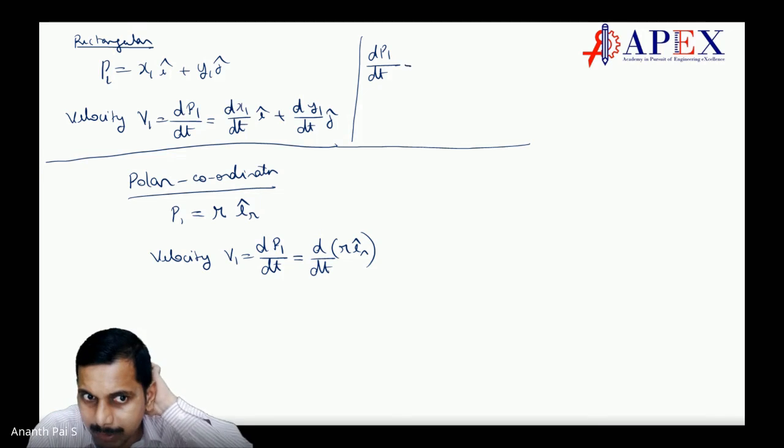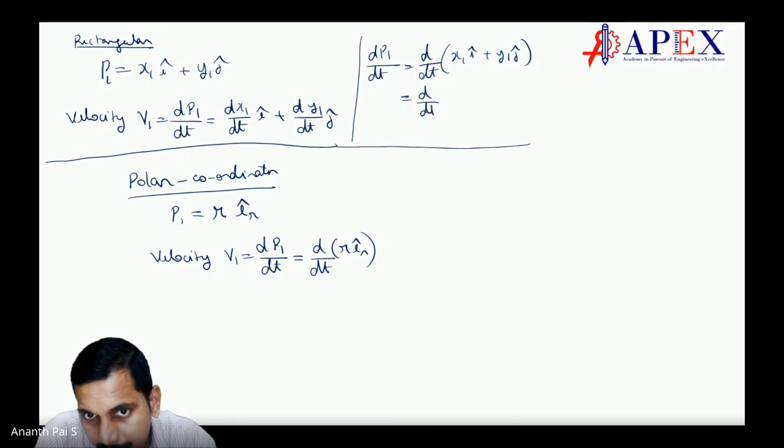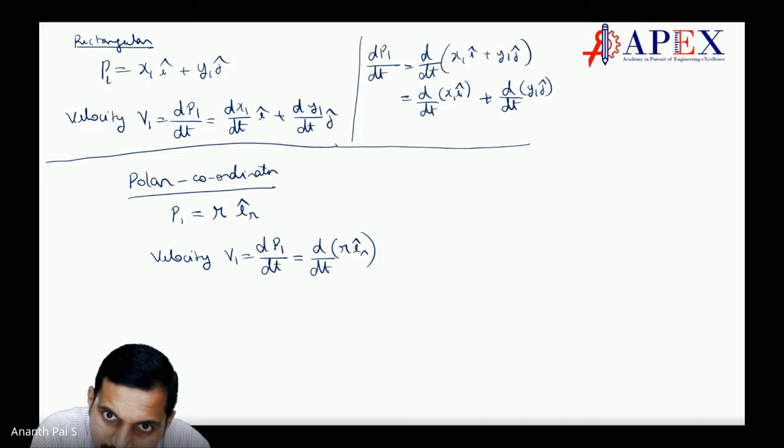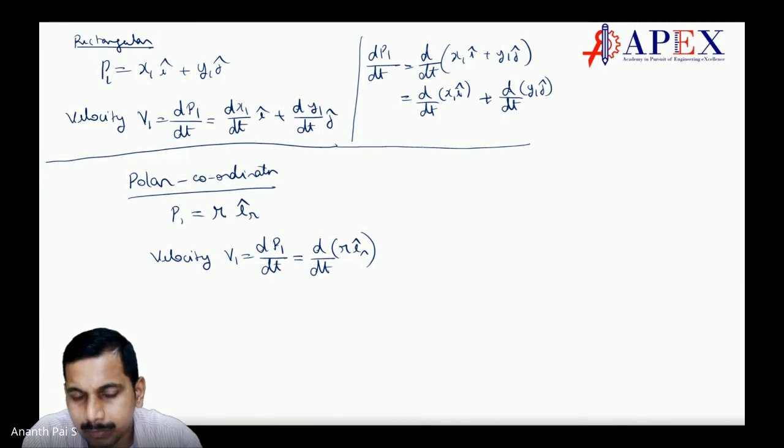This dP1 by dt can be written as d by dt of x1 i plus y1 j, correct? This can be written as d by dt of x1 i plus d by dt of y1 j. Since i and j do not vary with position or time, they remain the same.